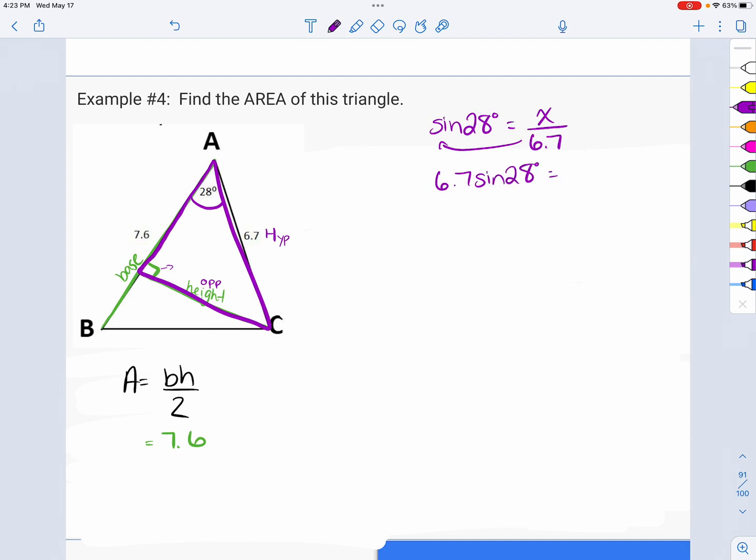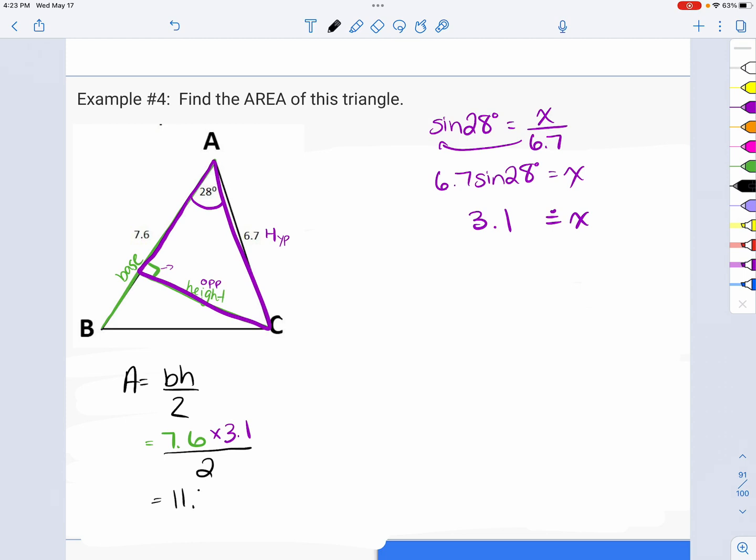Bring that up and multiply it. And you get the height is approximately 3.1 units. I don't know if it's centimeters or whatnot. So now I can put that into the area formula. 7.6 times 3.1 divided by 2.